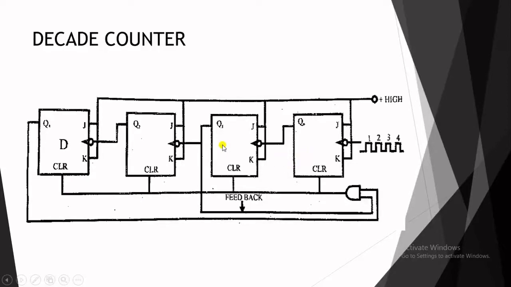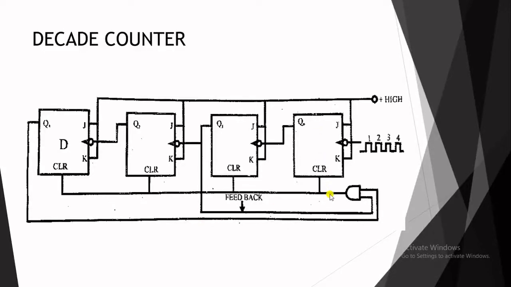The second flip-flop output and fourth flip-flop output are given to the input of this AND gate. So this is the logic diagram of the decade counter.